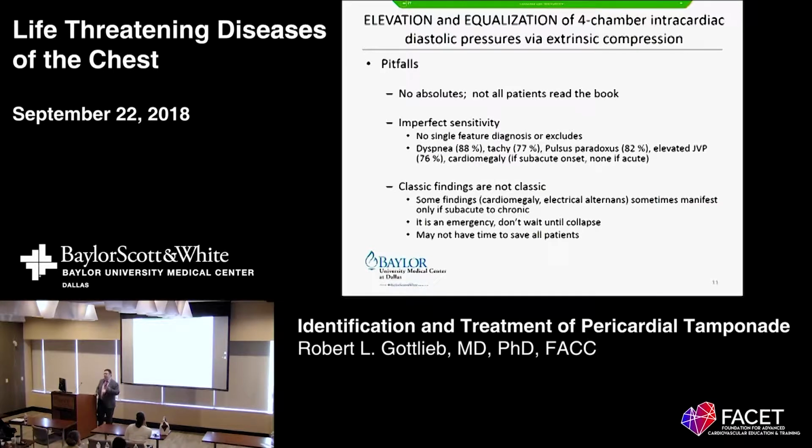If you have a really experienced, very good chest radiologist, plain film can actually show the loss of all the recesses, left atrial hump on chest X-ray. However, you might not be getting a good chest X-ray because it looks acute. So classic findings are not necessarily classic. So lack of cardiomegaly, lack of electrical alternans shouldn't trump what you think is going on.